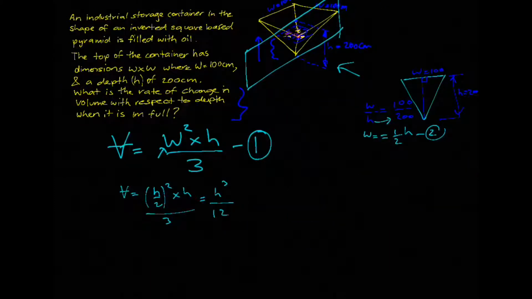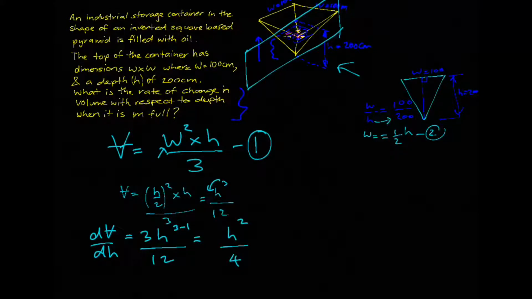So now we know V in terms of only H, we can find dV on dH, which is the rate of change of volume with respect to depth. And that equals, bringing a 3 down the front to multiply, 3H to the power of 3 minus 1 on 12. And that equals H squared on 4.